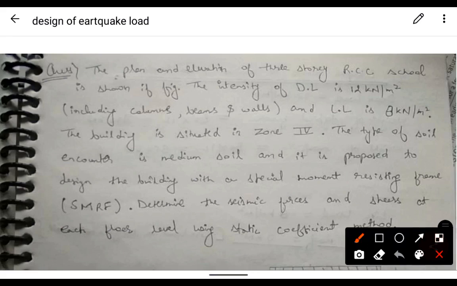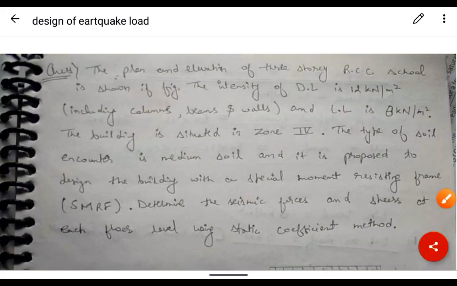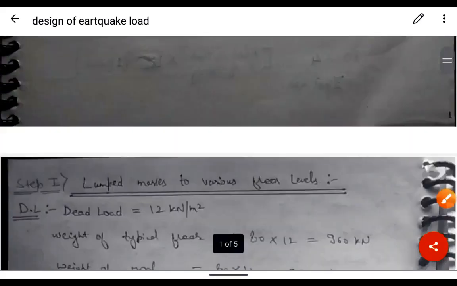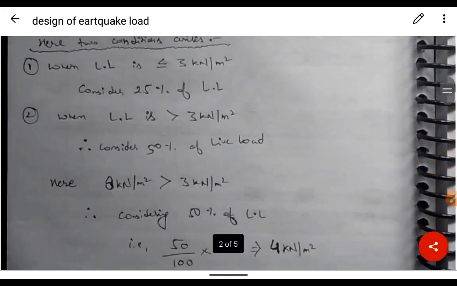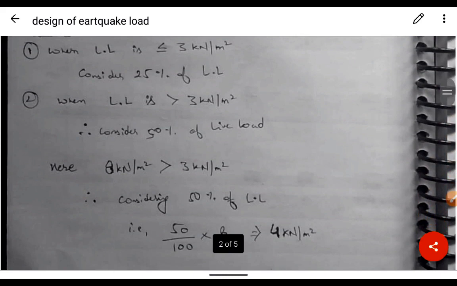As per our question, the live load is 8 kilonewton per meter square, which is obviously greater than 3 kilonewton per meter square. So according to this condition, we are going to use the second one, that is, 50% of the live load.